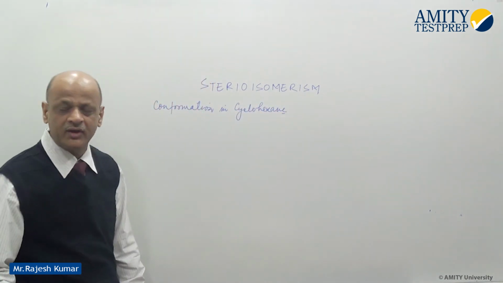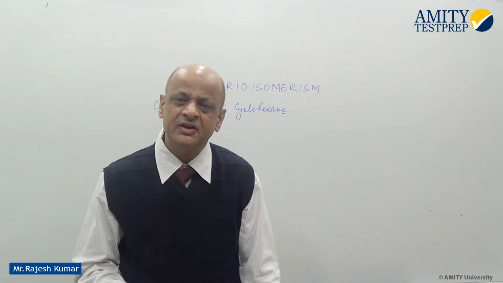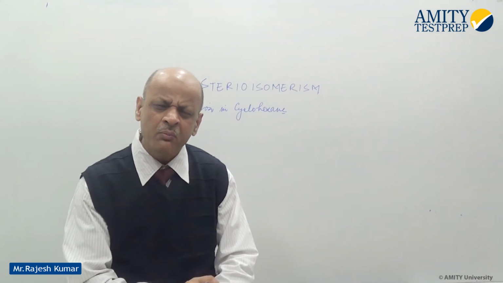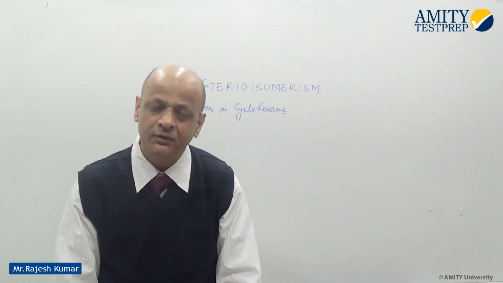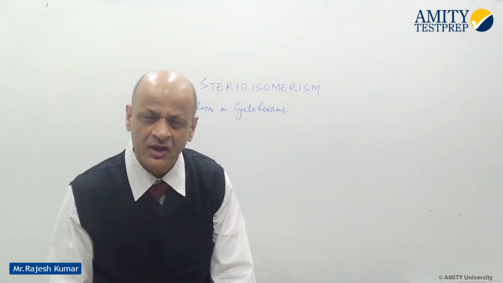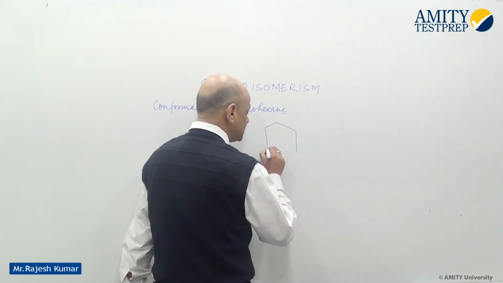In case of cyclohexane, this cyclic structure is considered the most stable one because all bonds are considered strain free, and this cyclohexane structure exists in two conformations and both are interconvertible to each other.